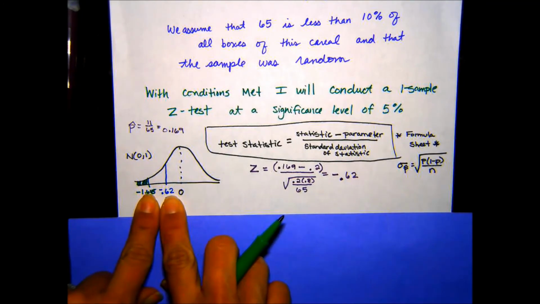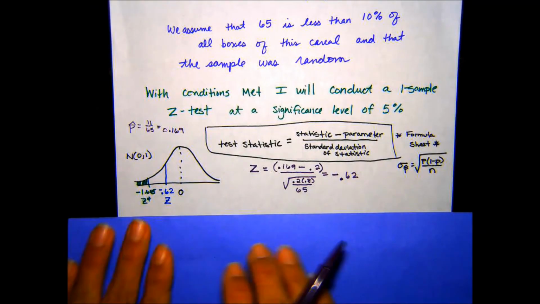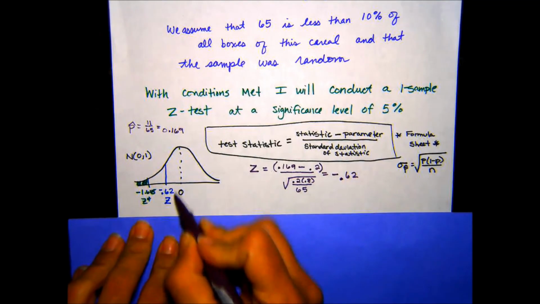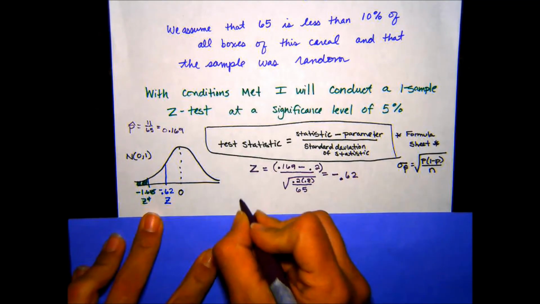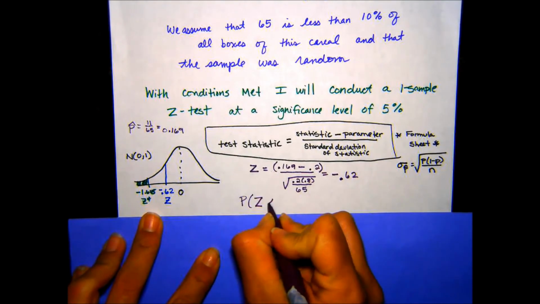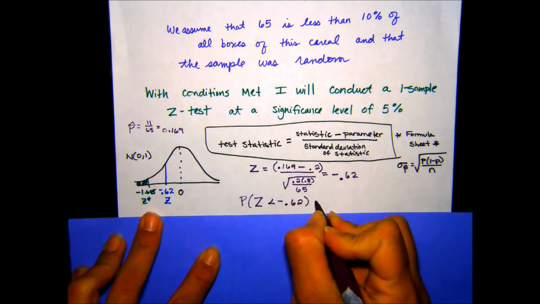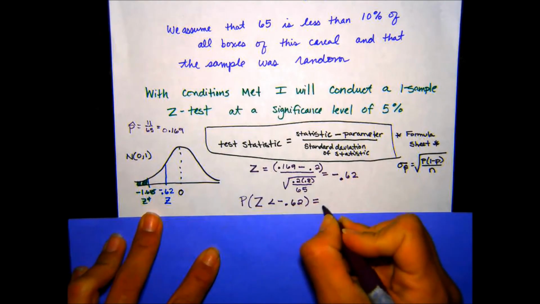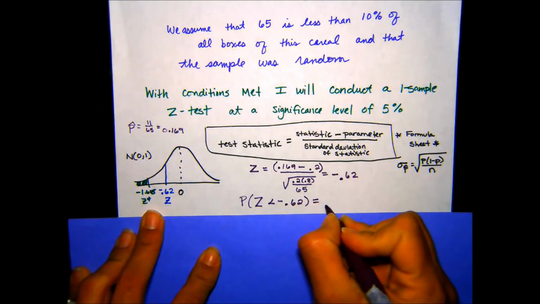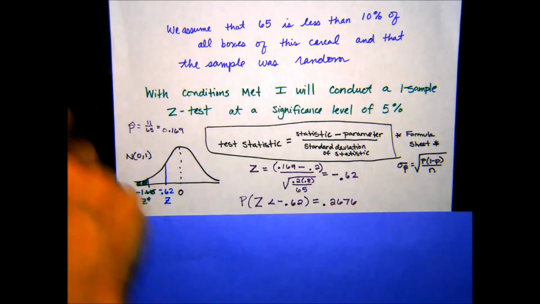But I still want to go through and find the p-value. Remember, I have to find the probability of getting this test statistic. So the probability that Z is less than negative 0.62, I can use a table at this point, or I can use my calculator, normal CDF. It's going to be 0.2676.